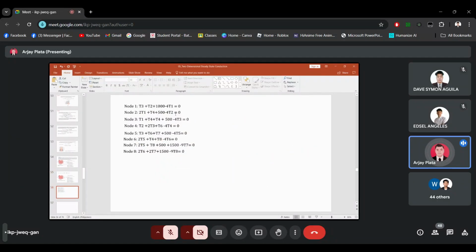Okay, so let us rearrange this equation according to T1, T2, T3, T4, T5, T6, T7, T8, so for us to be able to get the matrix.